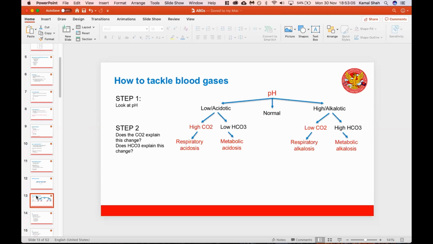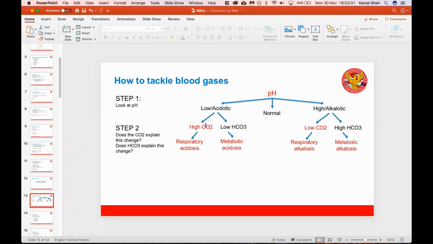So how do we actually tackle blood gases, and what is a method? What is a really good approach to use? So the first step is to look at the pH. So it's either low or acidotic, normal or high. So what I do is, if the pH is low and we've got acidosis, we can think to ourselves, is this acidosis explained by the carbon dioxide?